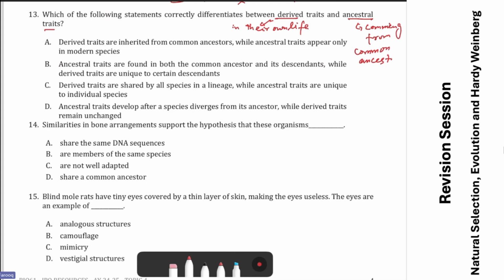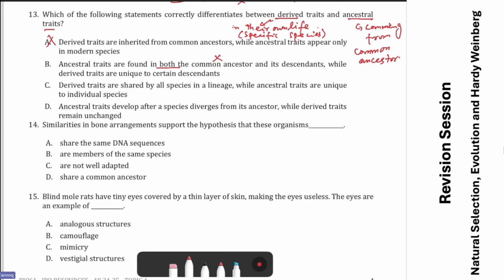So this is how you define them. So point number A, derived characters are found in both. No, not common ancestor. It is only in their own life, so it is in a specific species, not in all the organisms and the common ancestors. So A is wrong.